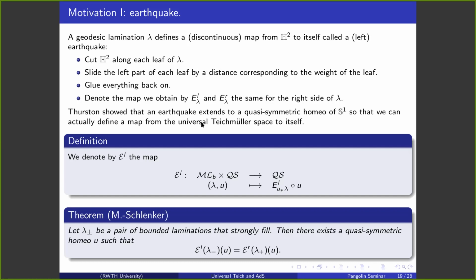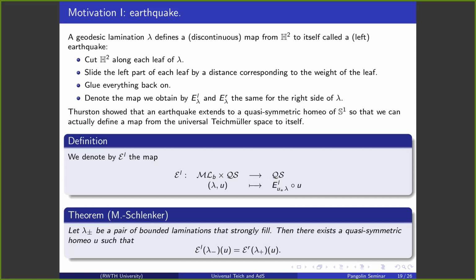By extending to the boundary, we can define this earthquake map, this curly E, on the universal Teichmüller space. If you take a lamination and a quasi-symmetric homeomorphism, you compose the earthquake extended to the boundary by the quasi-symmetric homeomorphism, and it gives you a map from the universal Teichmüller space to itself.